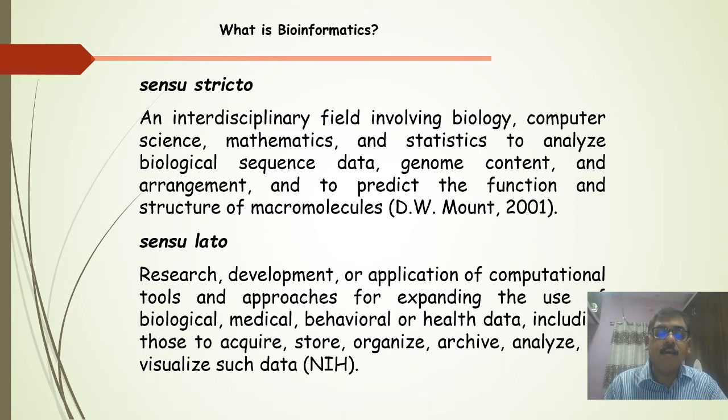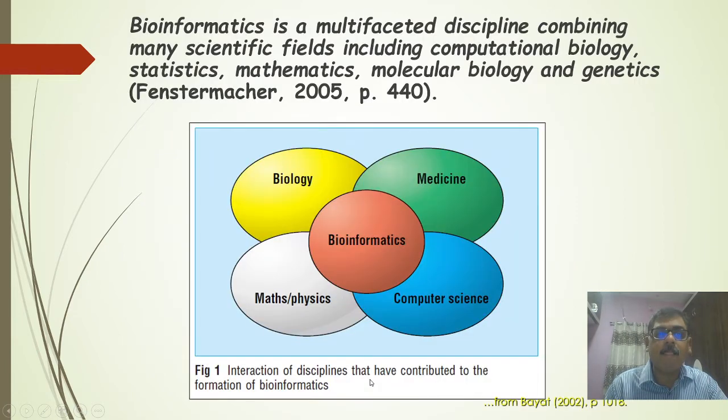By this word bioinformatics, we are using computational tools or computer programs for approaching or expanding the use of biological, medical, behavioral, and health data, and that can be utilized to acquire, store, organize, archive, analyze, and visualize such data.